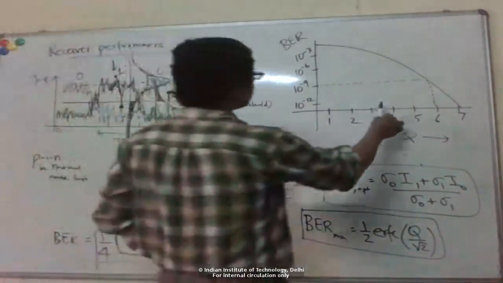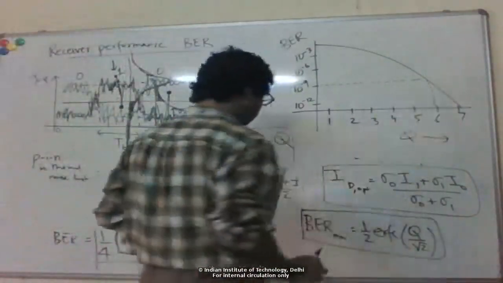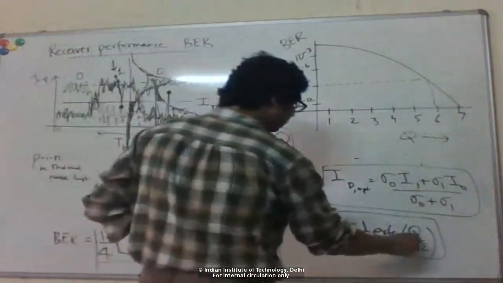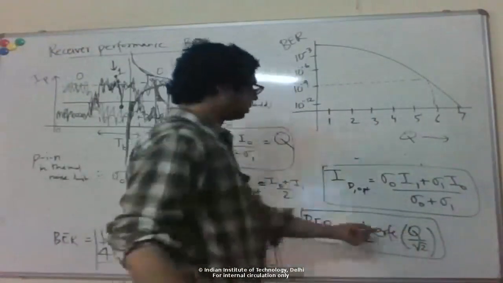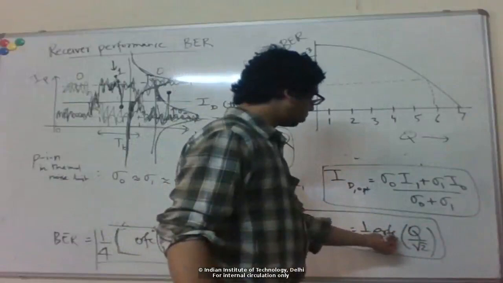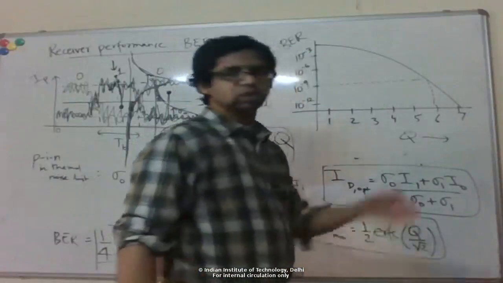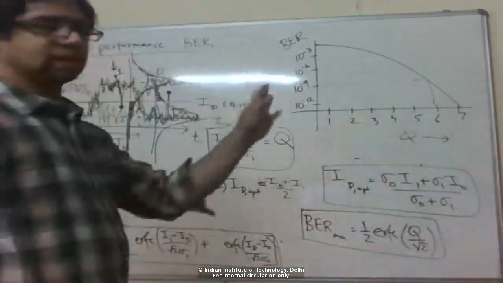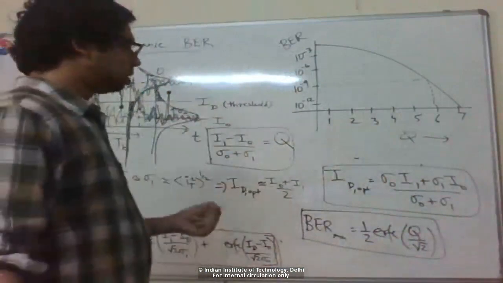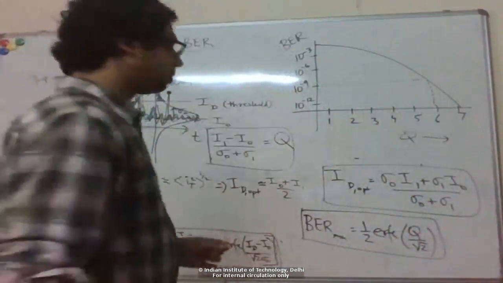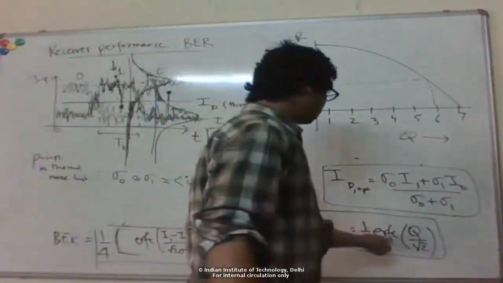For large values of Q, beyond, let's say, 3 or so, there's also a simpler way to evaluate this. To get exact values for this complementary error function, you have to use a lookup table where all these integrals are evaluated numerically and the values have been noted down.